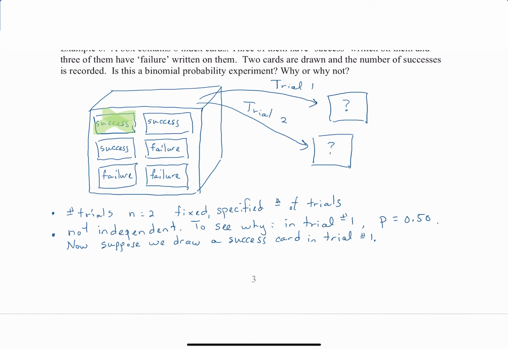So now for trial number 2, the probability of success is 2 out of 5. In other words, 0.40, not 0.50.